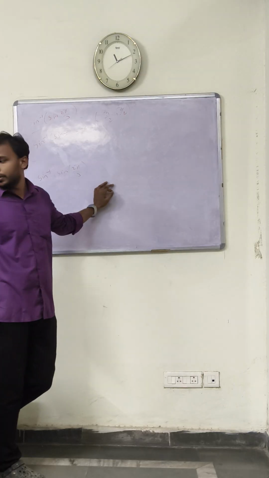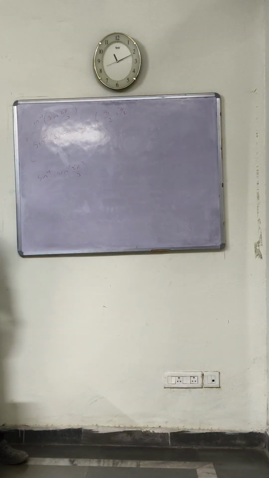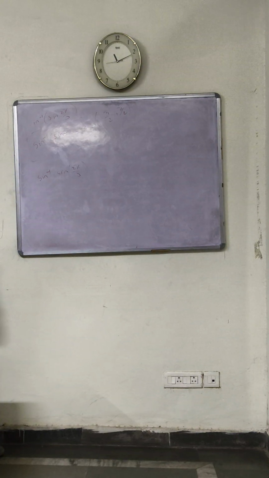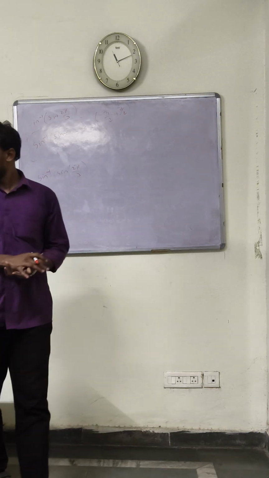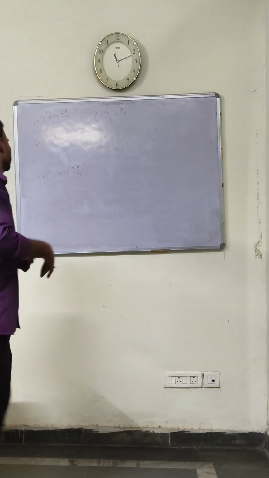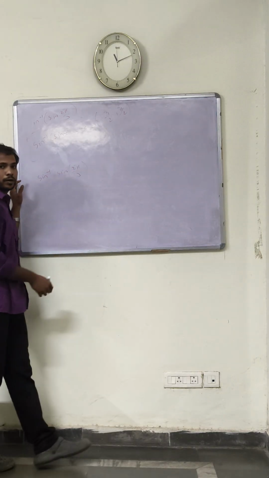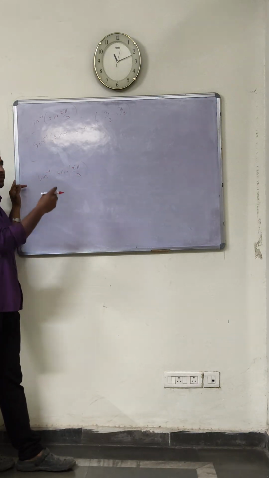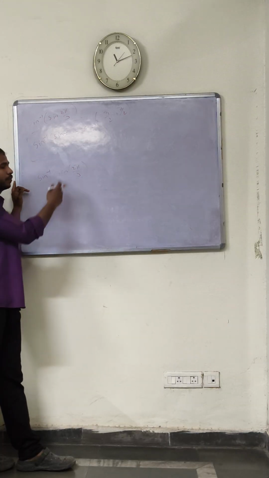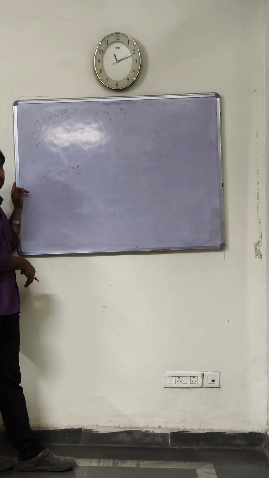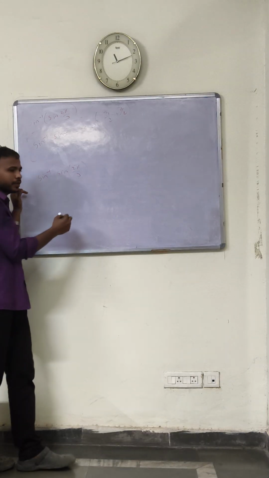So anything they can provide, we can convert that into the region minus pi by 2 to plus pi by 2. How will we convert? Any idea?